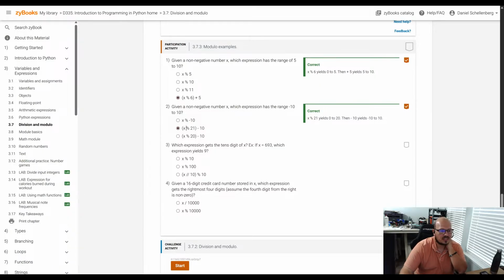Which expression gets the tens digit of x? Example, if x equals 693, which expression yields 9? So let's say we do 693 divided by 100. That's 6.93. And then we take... 693 divided by 100 is 6.